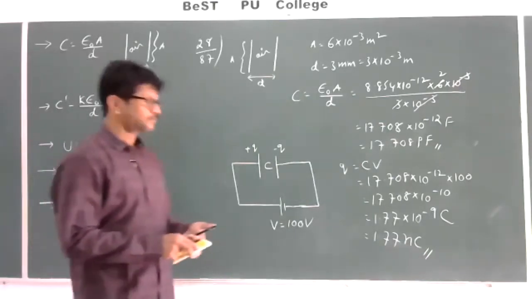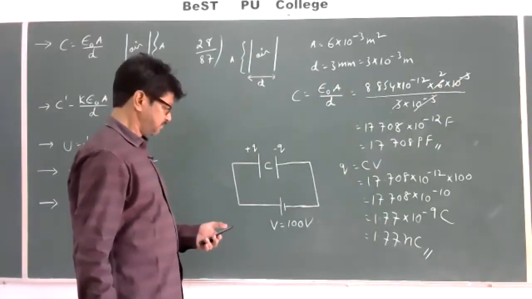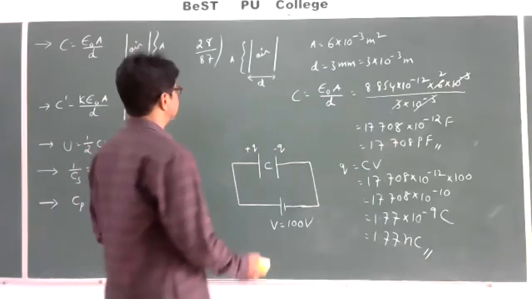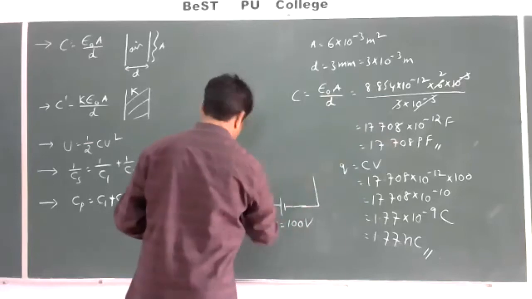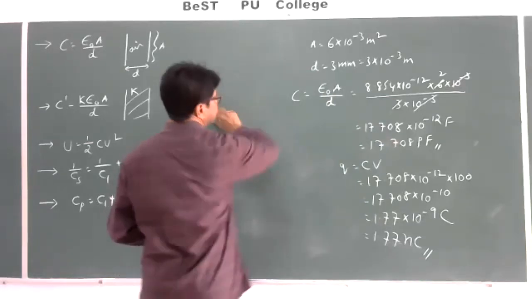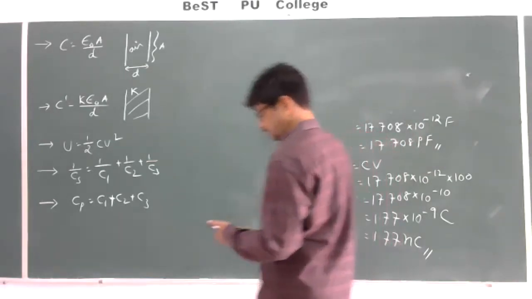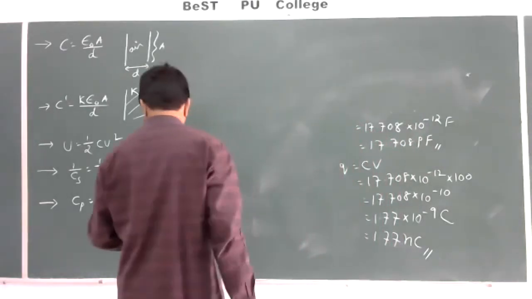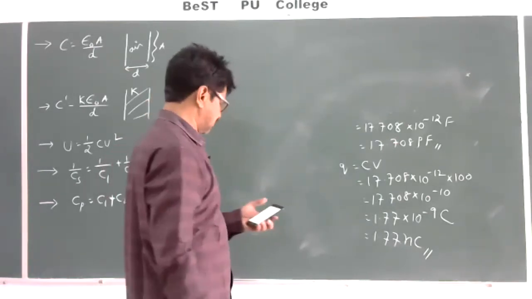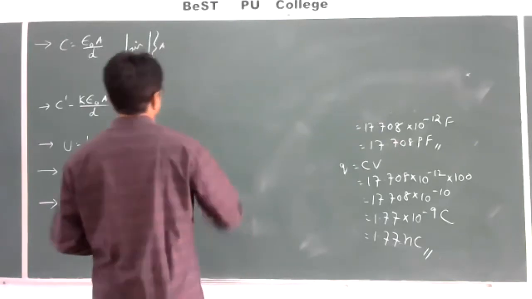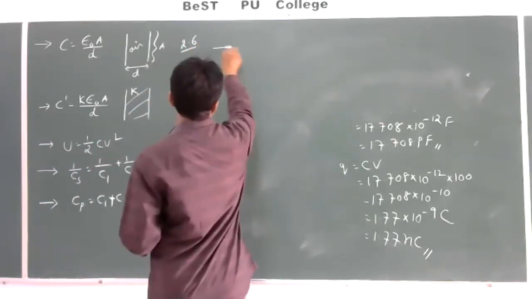Next, question 2.6. Three capacitors, each of capacitance 9 microfarad, are connected in series.